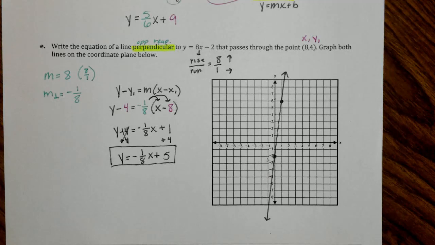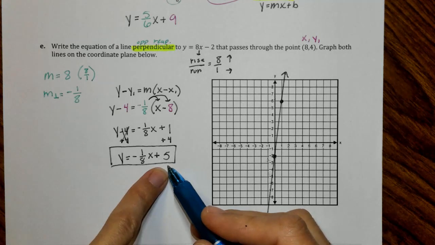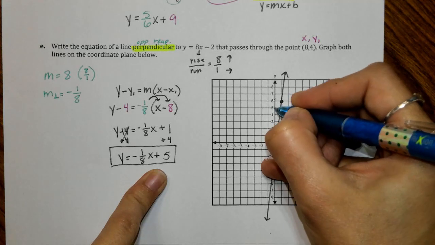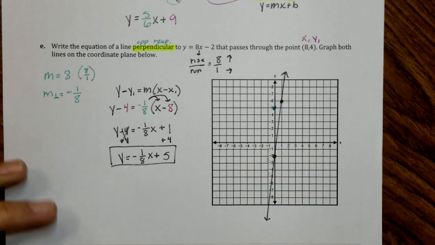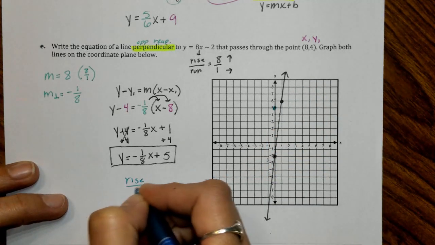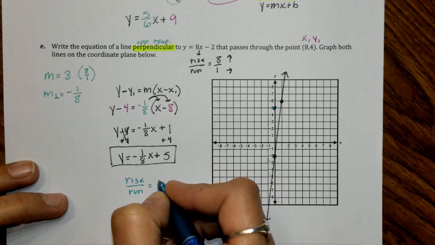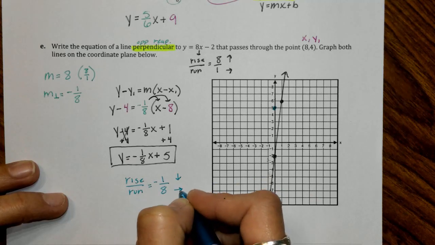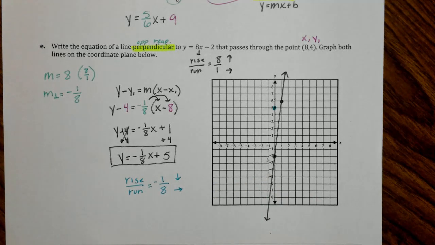All right, let's go ahead and find the y-intercept at positive 5. Let's go up to positive 5 on your y-axis. And now with that slope, we have negative 1 over 8, meaning we're going to go down 1 and to the right 8.